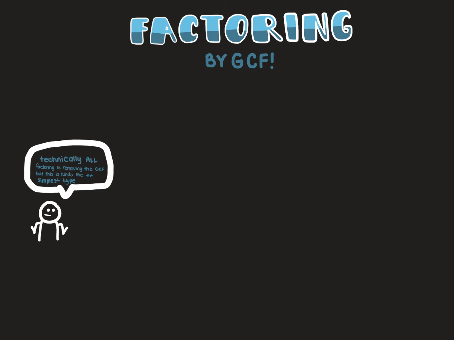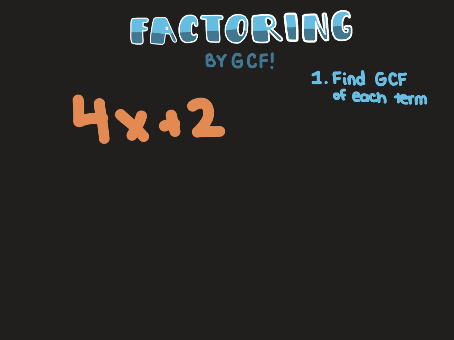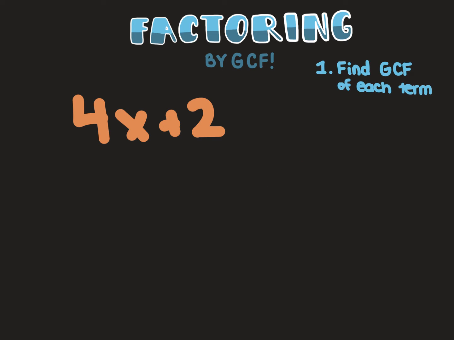So the simplest type of factoring you're going to do is remove the greatest common factor. So this method is pretty much what it sounds like. Let's say that we have the expression 4x plus 2. So the first thing that we're going to do is find the greatest common factor of each of these terms. So we're going to find the greatest common factor of 4 and 2.